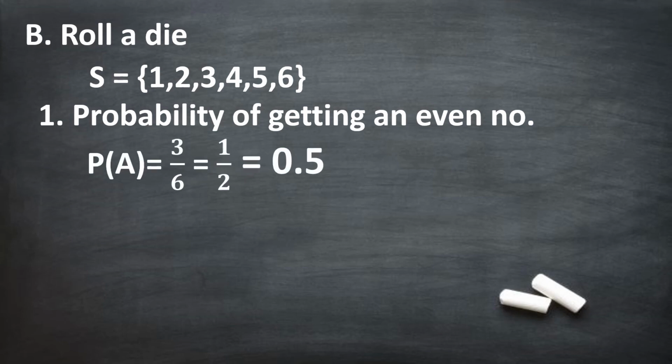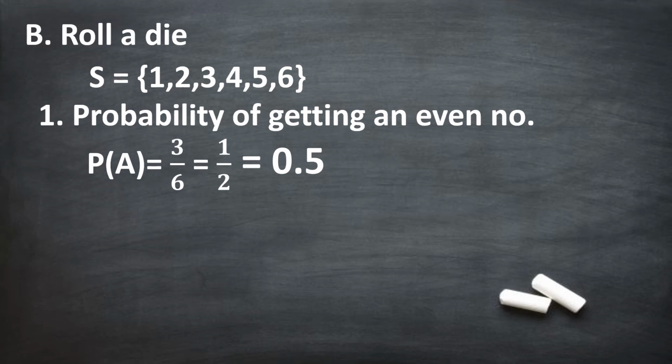For this given event, we can now use the probability of A again since this is a different experiment. The number that you will write in the numerator for this probability is the number of even numbers in the given sample space. In the sample space, we have 3 even numbers, and those are 2, 4, and 6.